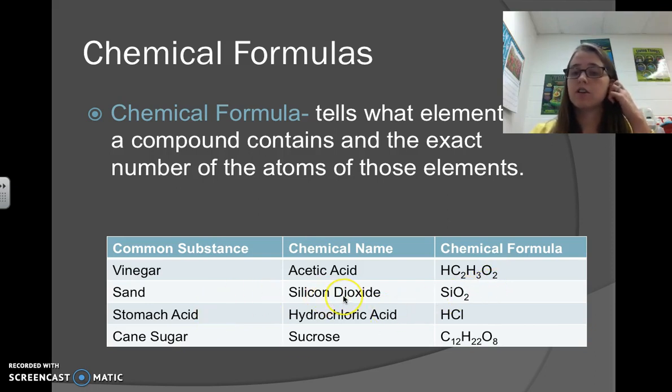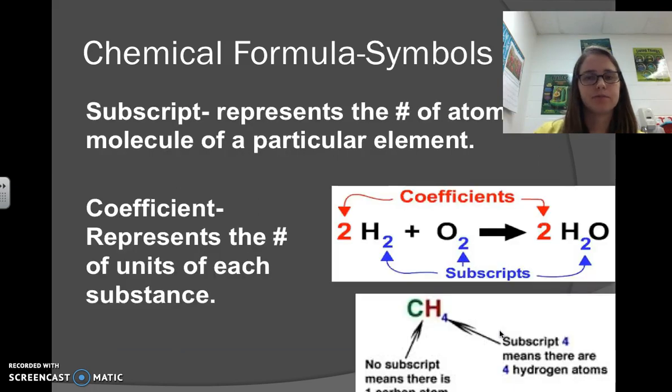Sand is made of silicon dioxide, 1 atom of silicon and 2 atoms of oxygen. Stomach acid, or hydrochloric acid, is made up of 1 hydrogen and 1 chlorine. Cane sugar, or sucrose, is made up of 12 carbons, 22 hydrogens, and 8 oxygens.